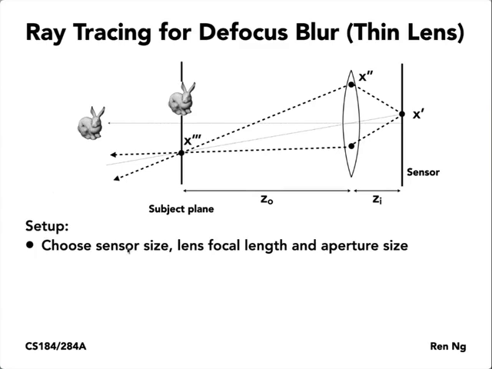As we talked about last lecture, that's going to define the field of view. We have to choose the lens focal length. That's also going to affect the field of view, and it's going to affect the depth of field, right? How blurry things are in the world compared to where they are relative to the focal plane in the world. And we have to choose the aperture size, which will also affect the level of blurriness away from the focal plane. So you're going to choose all those physical parameters. What's a good way to do that? A good way is to start from some physical lens parameters in the world.